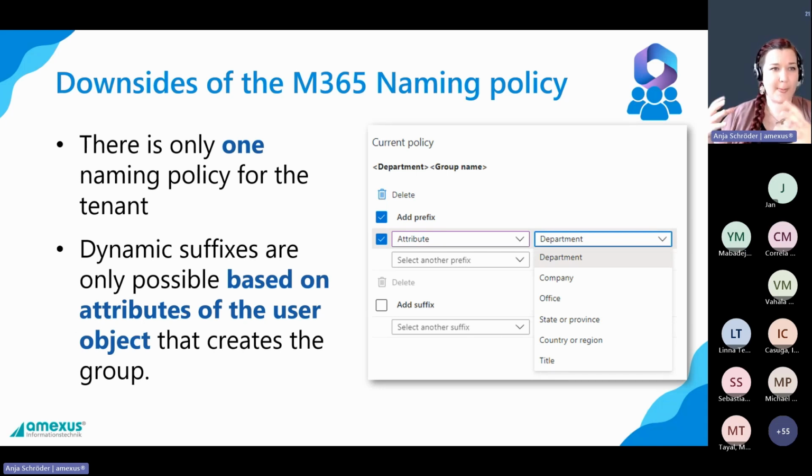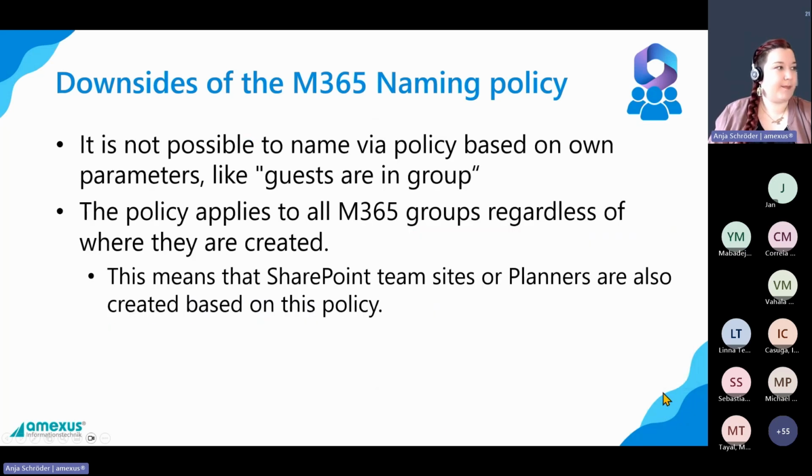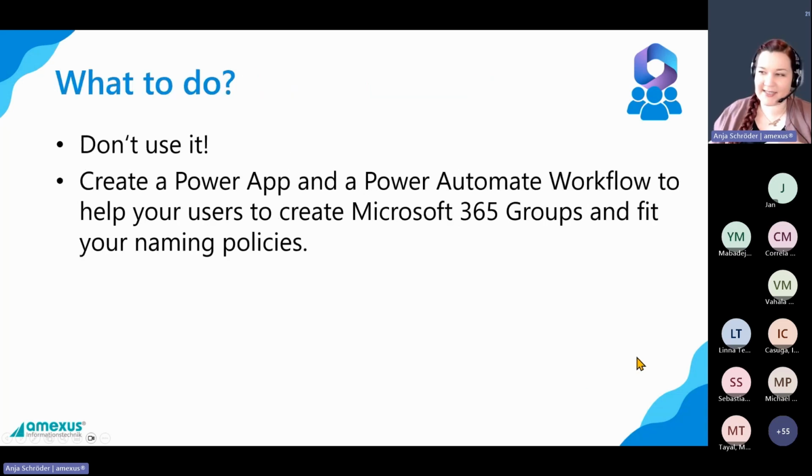So it's also not flexible, not really helpful, I think. Yeah. So I already told you the downsides, because maybe I don't like the naming policy in Microsoft 365 so much. So we can skip this slide and go to the next one, because what to do?